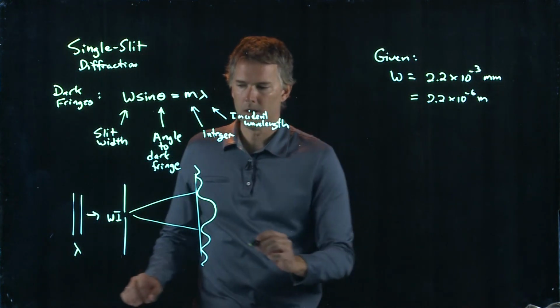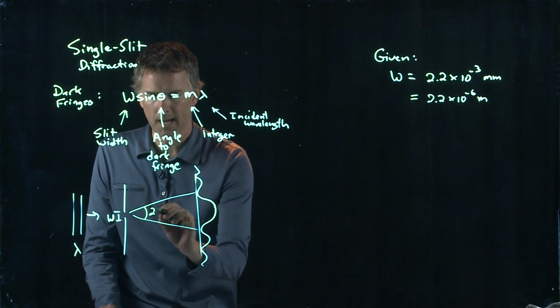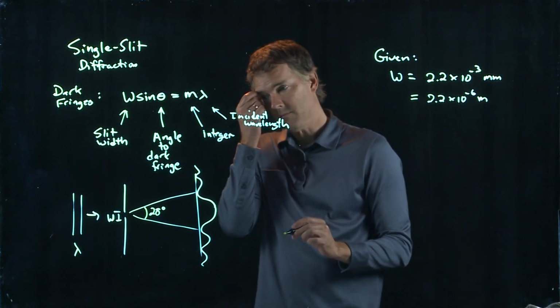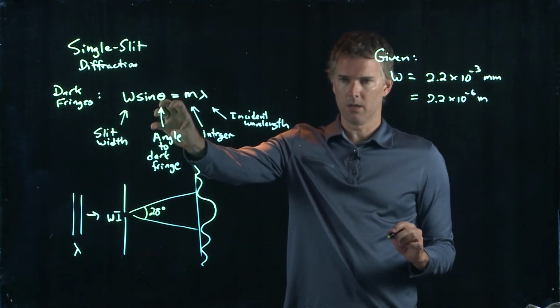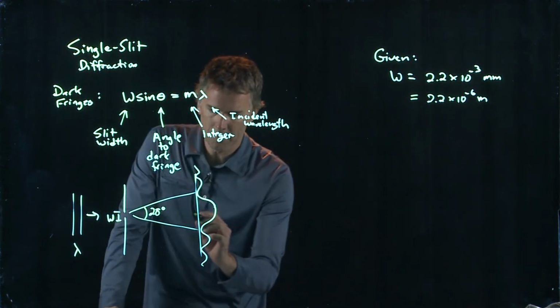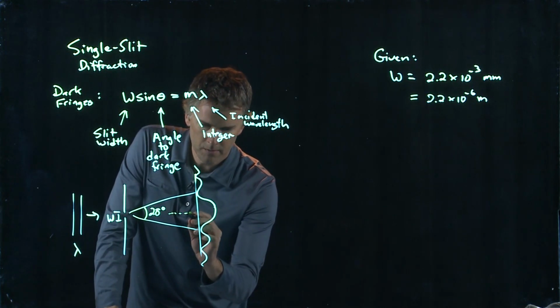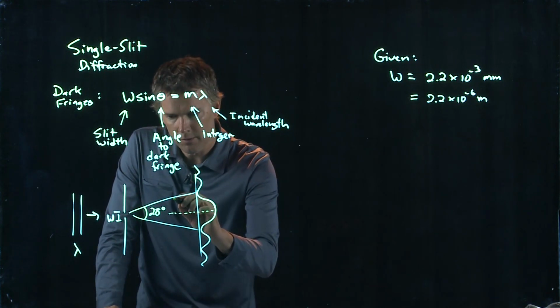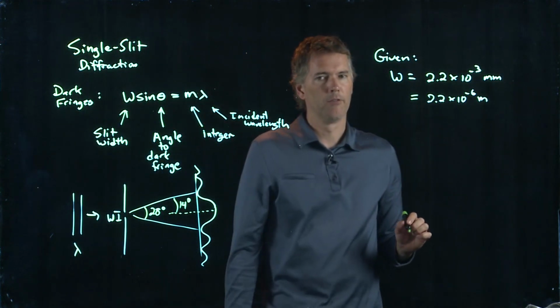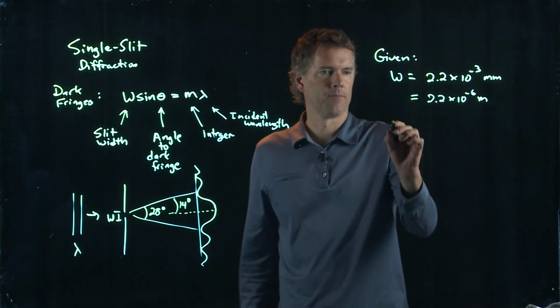That angle right there is 28 degrees. But in our equation, the angle to the dark fringe is always relative to the horizontal. So that angle right there has to be half of it, 14 degrees.